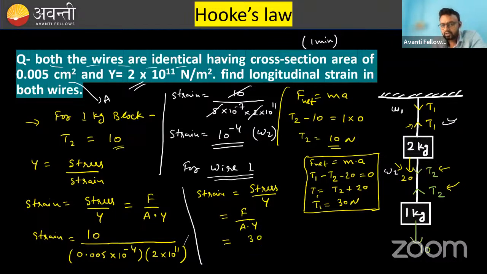You will say 30 Newton. What is the value of area? Area is this one. Can you directly write it as 5 into 10 raised to power minus 7? I'm going to write it as 5 into 10 raised to the power minus 7, into Y, which is 2 into 10 raised to the power 11. Solve it, you will get the answer.